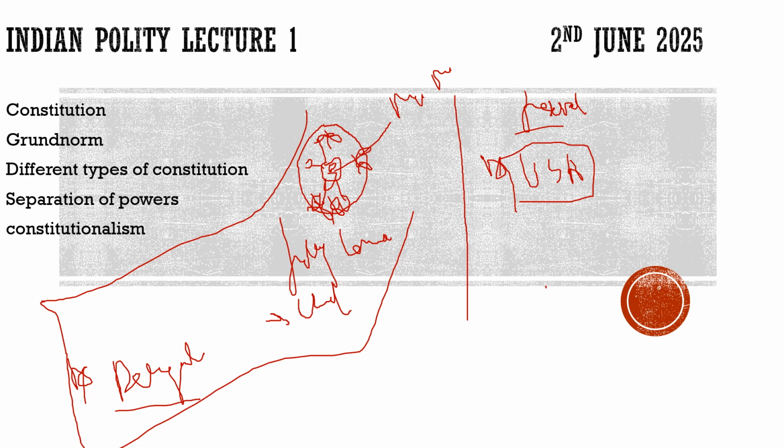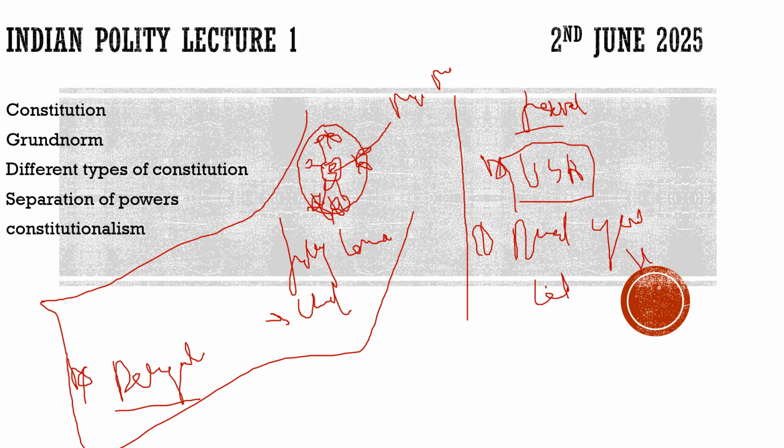So for the USA, there are a few features of it being federal. What are these features? First, there is a dual government. If any constitution which is formed has a dual government, then we can say that it is in line with the federal constitution. It may be federal, because there are other features also. So dual government, what? There would be the central government and the state government.